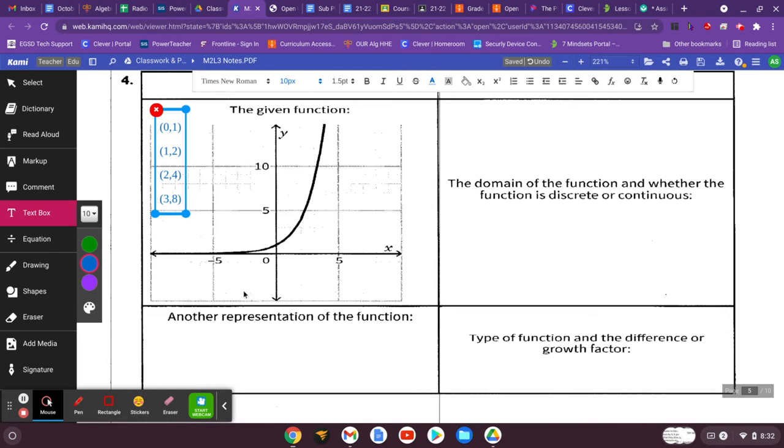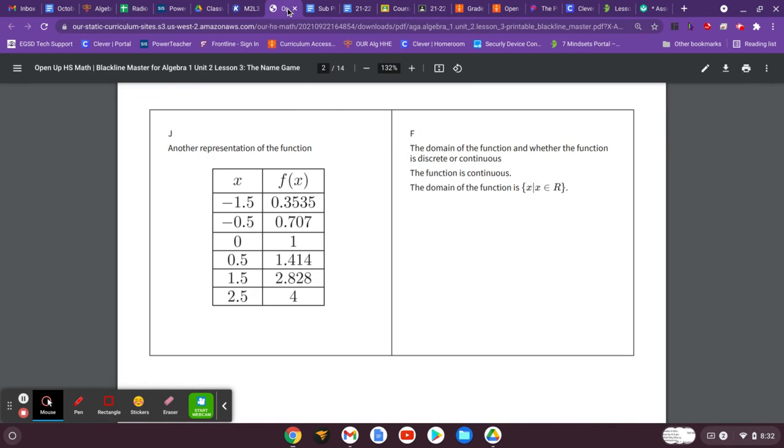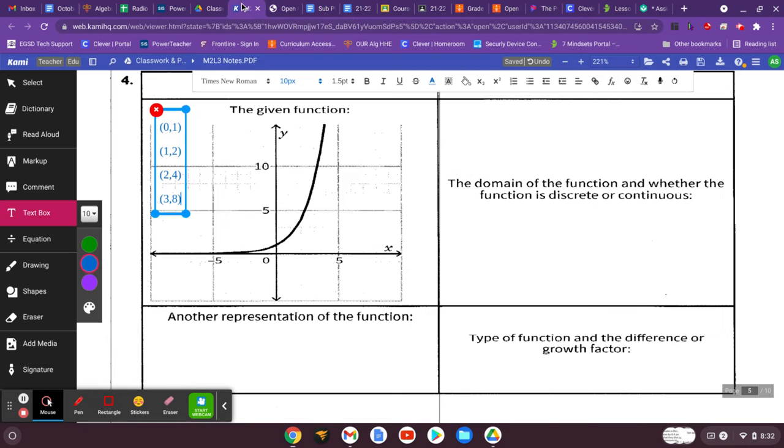So I'm going to look for something that has exponential on there, and continuous. Okay, so none of these really say exponential, but I can tell that as you're going through here, here's a 0, 1, 2.5 is 4. Don't know if that's what we got on our little graph here. Looks to me like 2 is 4.